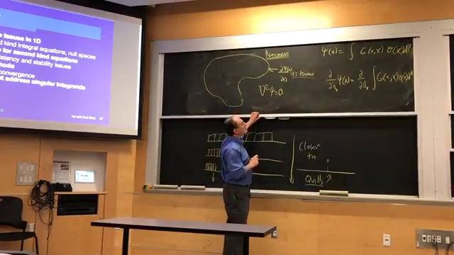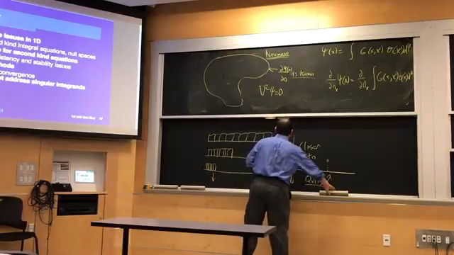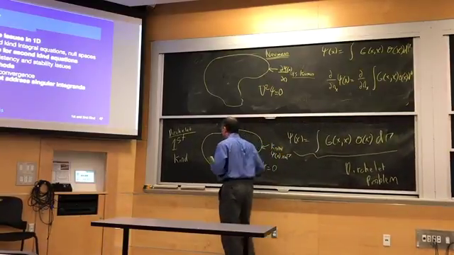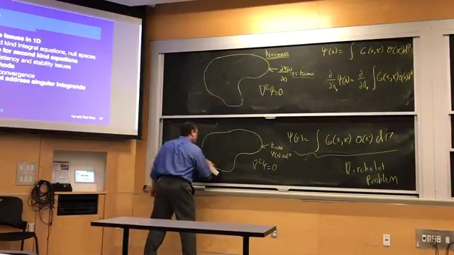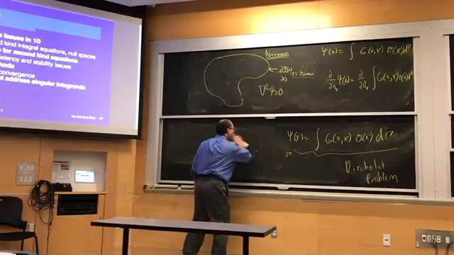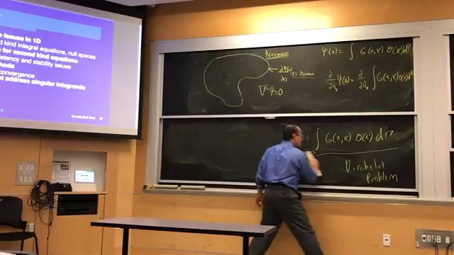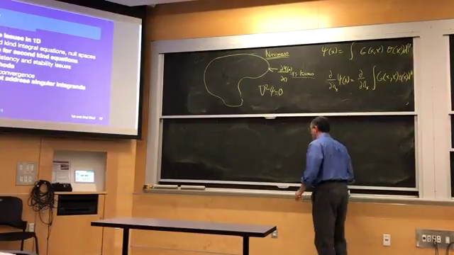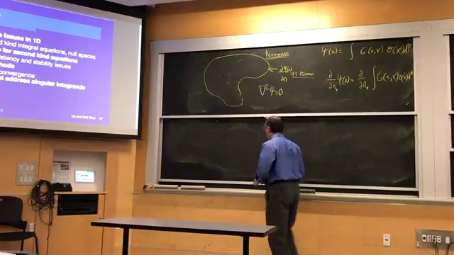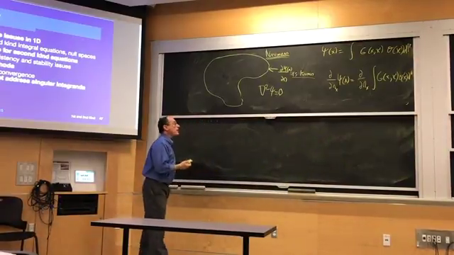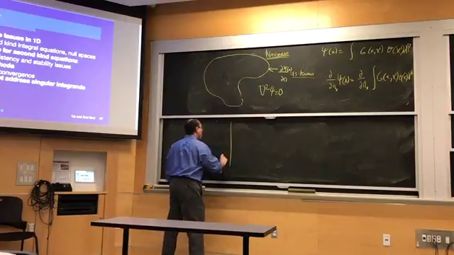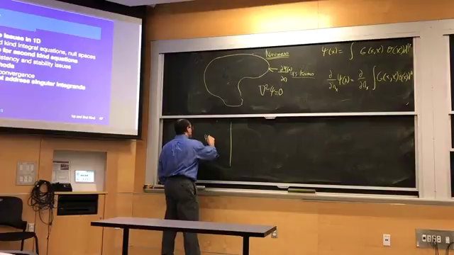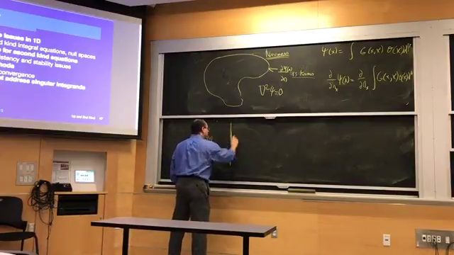So now, let's imagine what that potential looks like, and see if we can think out what it might look like. I want to know what the potential looks like as I approach this density.